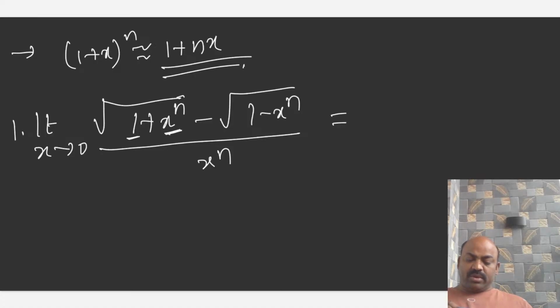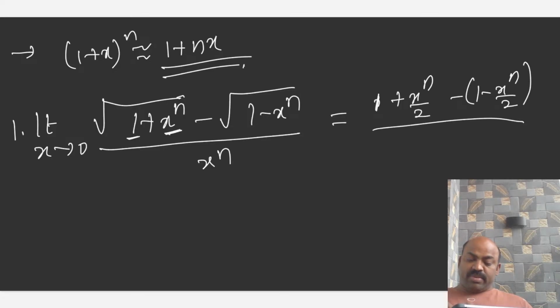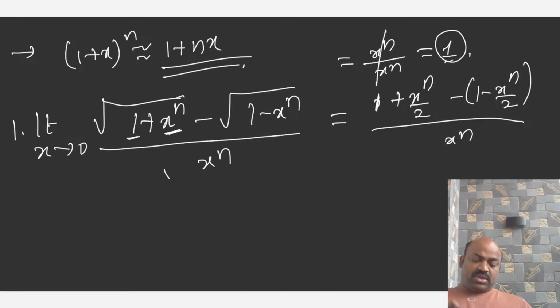So you can write 1 plus x power n by 2 minus 1 minus x power n by 2. In the denominator you have the same x power n. So what are you going to get? 1 gone, and x power n by x power n, so you are getting 1. So for this type of thing, the answer will always be what, my dear? 1. Are you there?